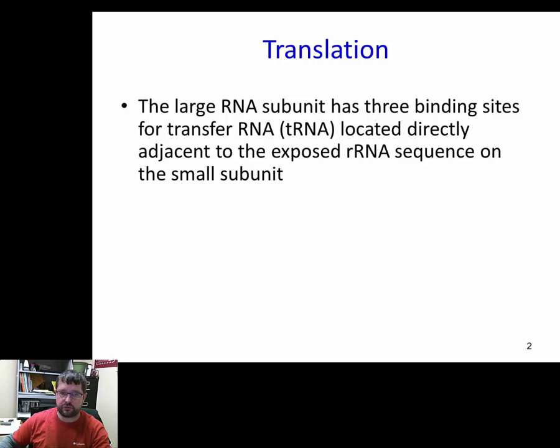So transfer RNAs are going to have the anti-codon to each of the 64 codons. It's not a 1-for-1, but it's pretty close. So you're going to have one transfer RNA associated with one codon. We already talked about that ribosomal RNA sequence. That's the sequence to which the messenger RNA is going to bind on the small subunit of the ribosome. All right.